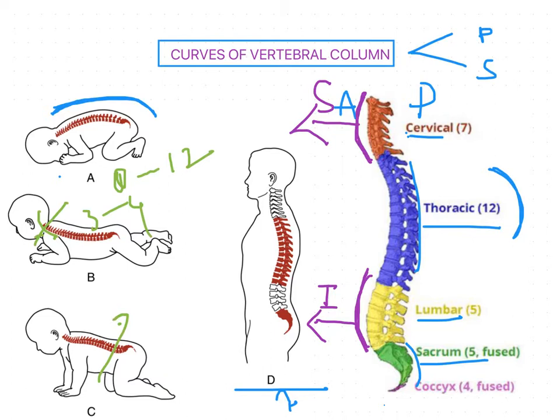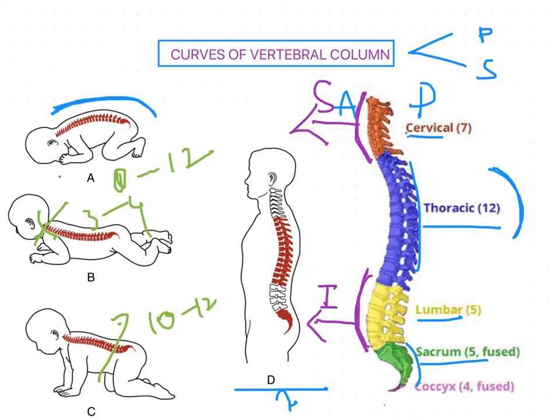Normally this takes place at 10 to 12 months after birth. So these are the secondary curves which are formed in infancy. These are all the primary and secondary curvatures of the vertebral column.